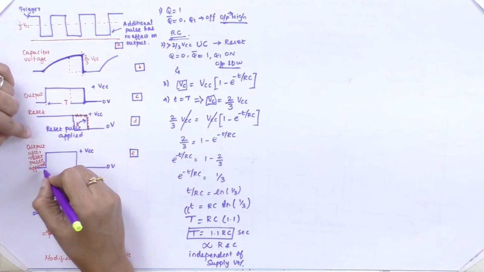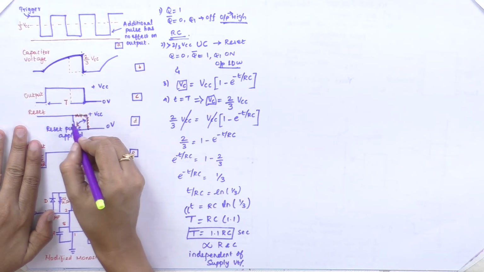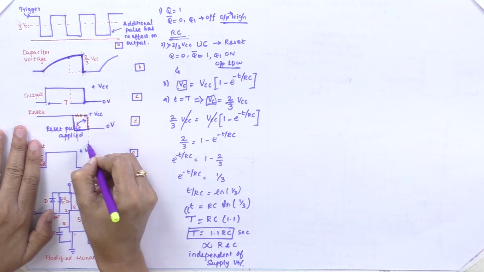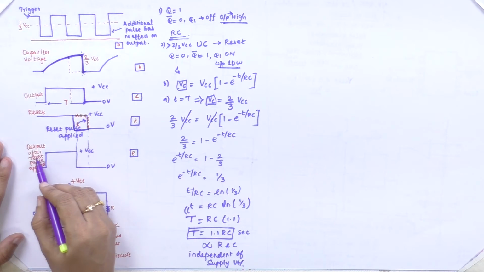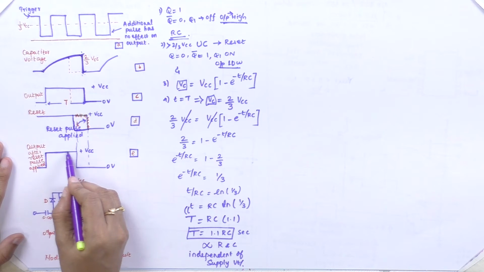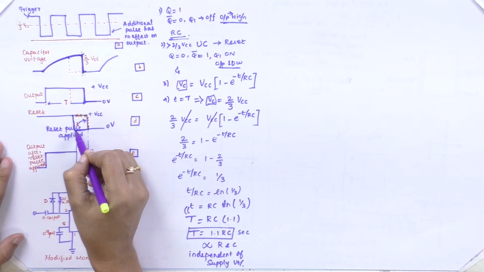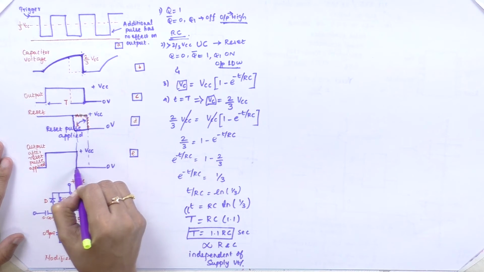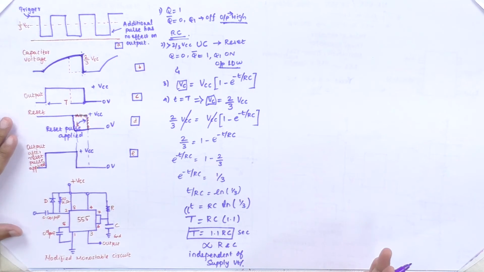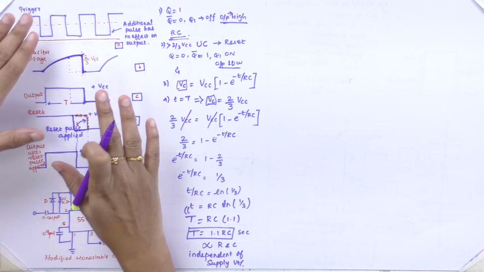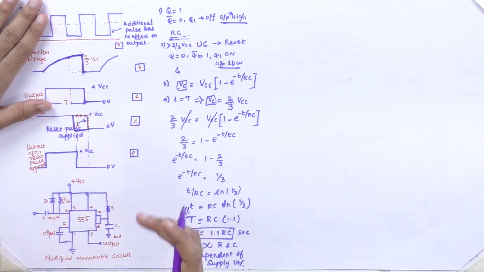So here the time period will be, not like half of this, it's like these portions of this time period will be removed. So the output, after the reset pulse is applied, reaches that particular time period. Once a reset pulse is applied, it immediately comes to the ground potential. It drastically drops to the ground potential. This is the concept of the monostable operation of this multivibrator.